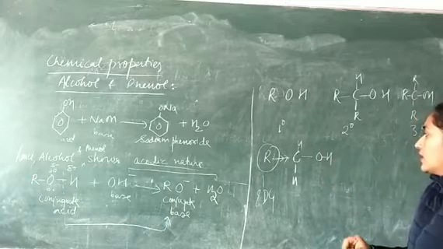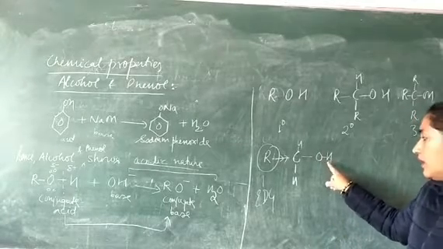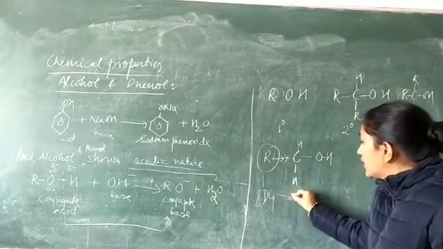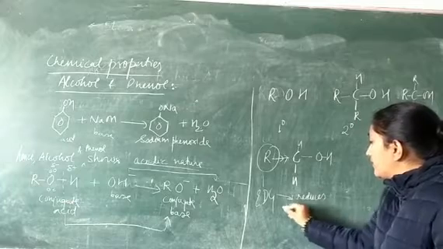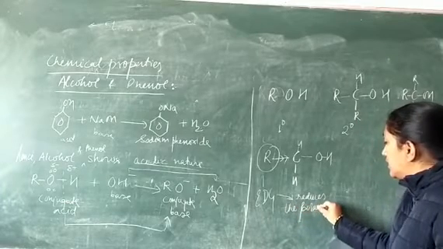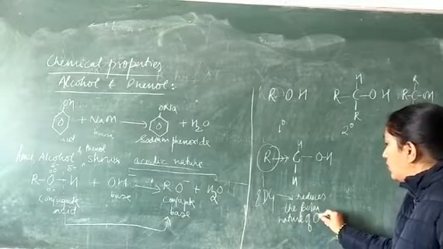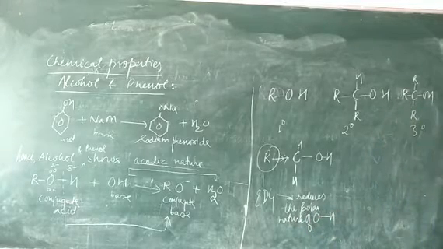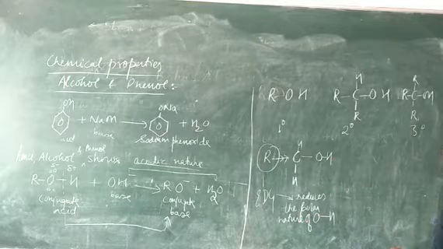As a result, student, the polar nature of the O-H bond will get reduced, right? So the electron donating group reduces the polar nature of the O-H bond, right? And hence what will happen? It will decrease the acidic strength.